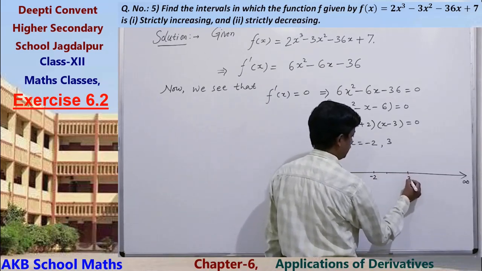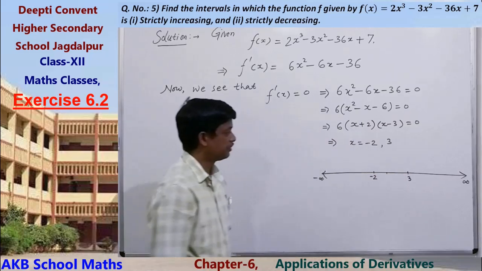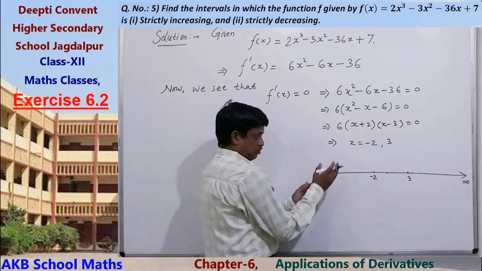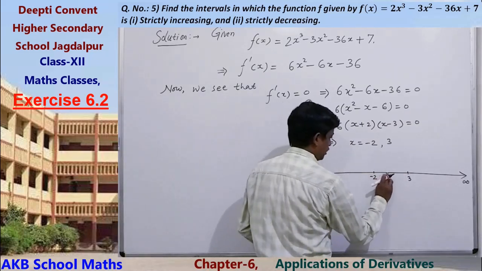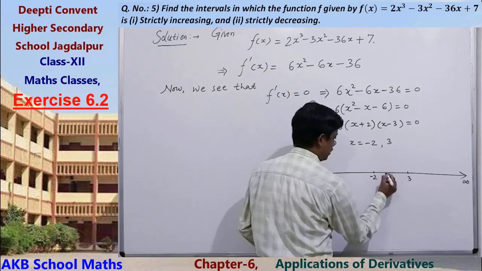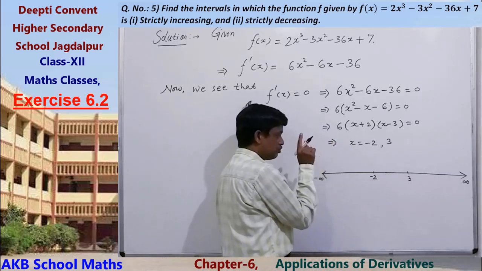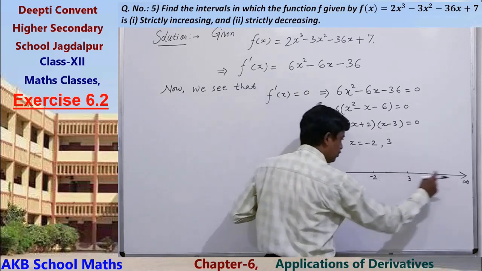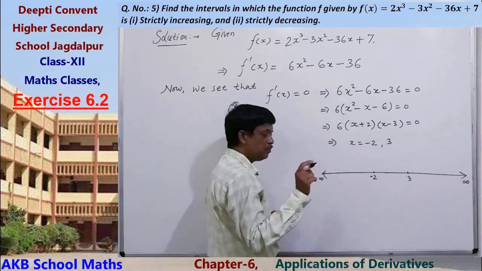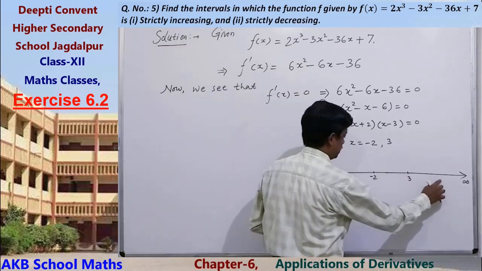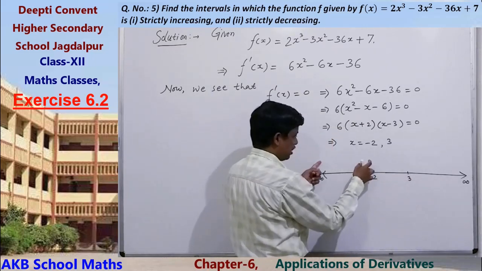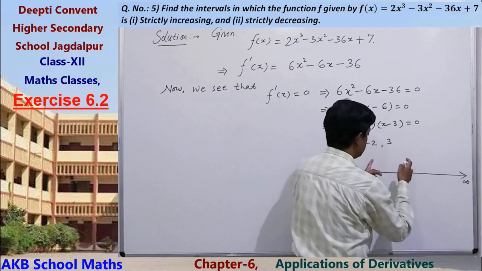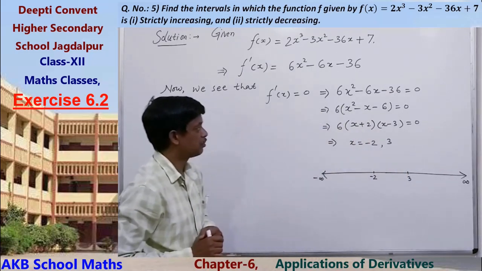The points minus 2 and 3 divide the whole domain into 3 parts: first, second, third. In each part we have to find the property of the function.